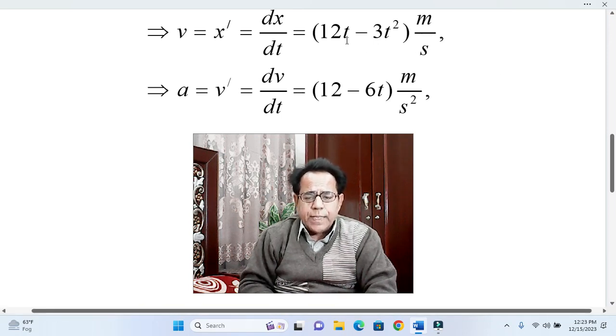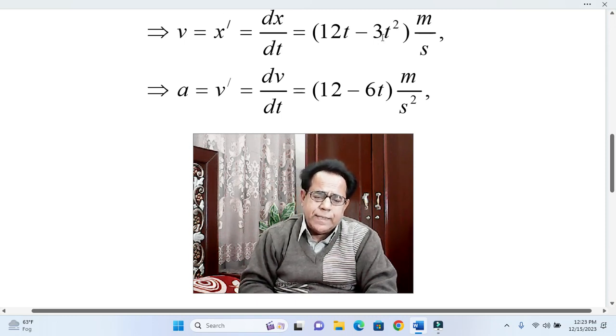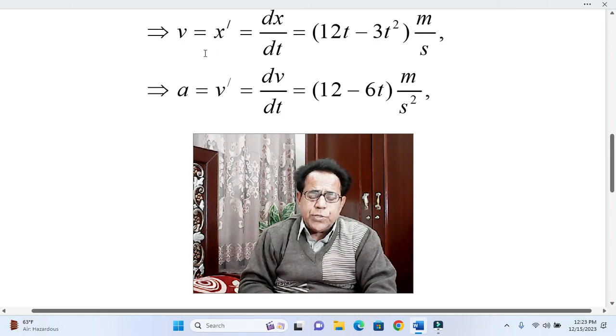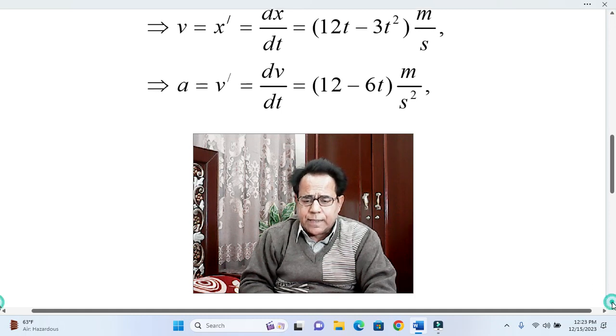Now the differentiation of 12t will be simply 12, while the differentiation of minus 3t squared will be minus 6t, because this 2 will be multiplied with this 3 and its power will be reduced by 1. So 12 minus 6t meter per second squared. As I have already mentioned, the units of velocity are meter per second, while the units of acceleration are meter per second squared.